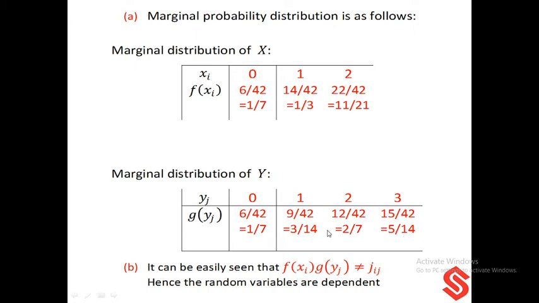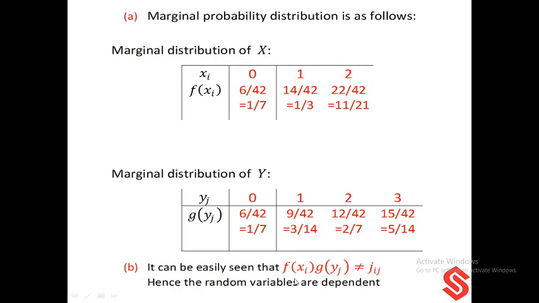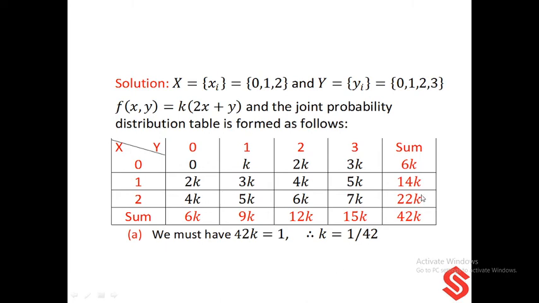Next, we have to show that the variables are dependent. So from this it is observed that f of xi into g of yj is not equal to gij. So you see in the table f of xi and g of yj. For example, this is f of x1 and this is g of y1.